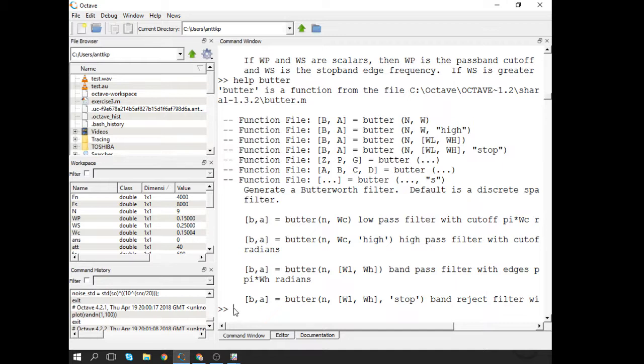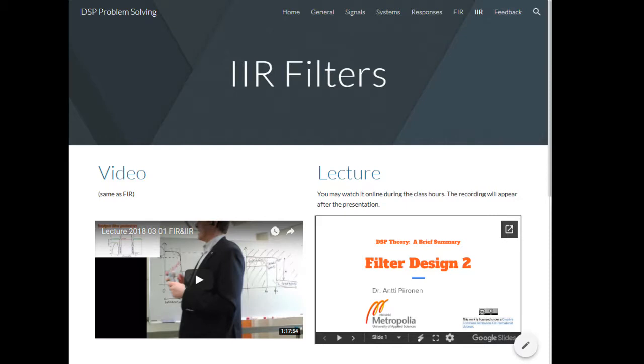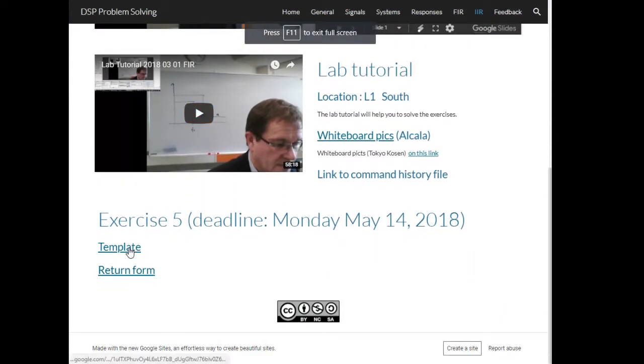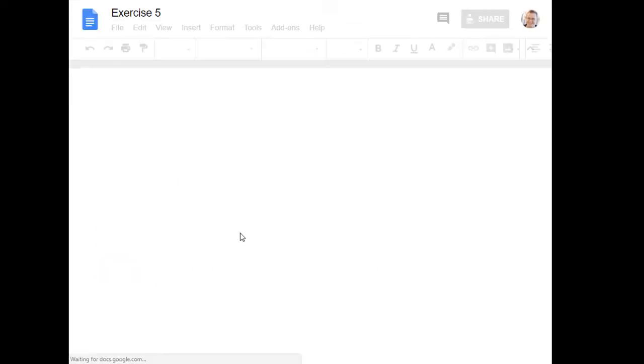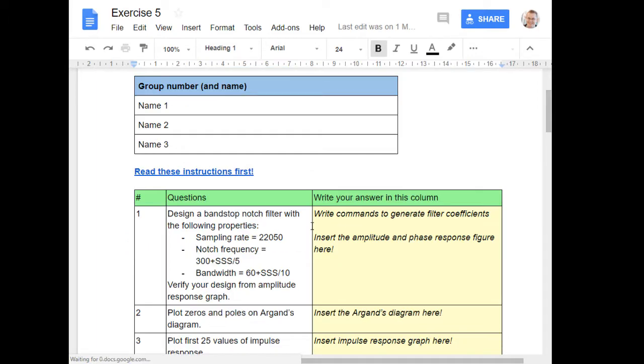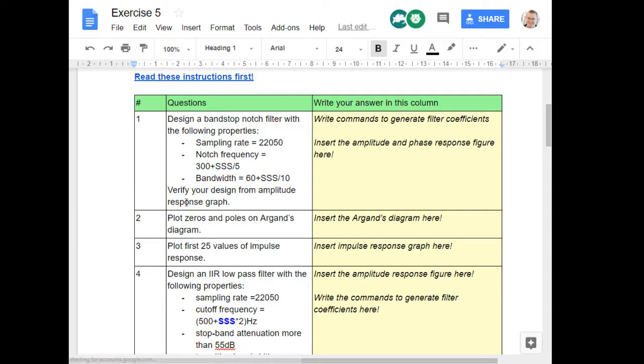Okay, let's take a quick look at today's exercise. What does it actually say? For infinite impulse response systems, band stop notch filter. Okay, so that one. Plotting zeros and poles.